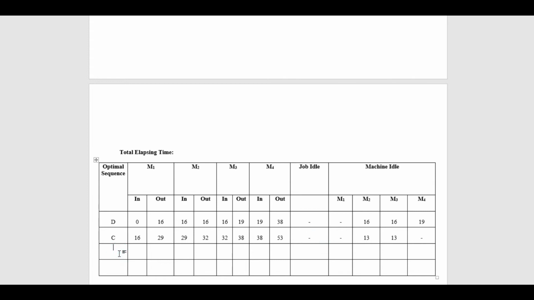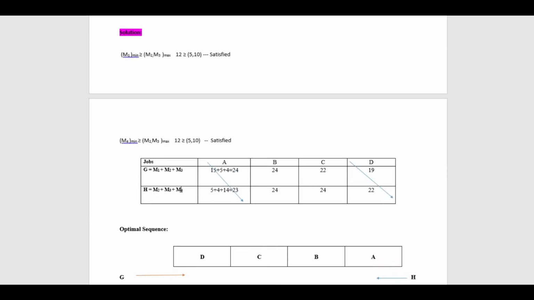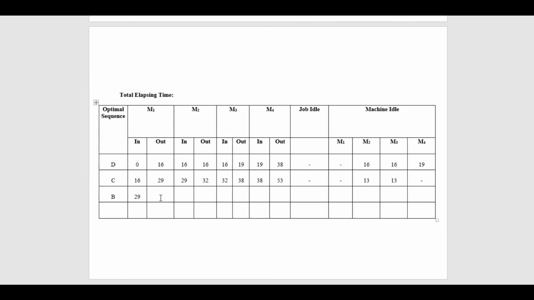Okay, there is no machine or job idle time in job C. So as per the sequence, the next job will be B. Put the out time here, and the processing time of B in machine 1 will be 12 hours. So 12 plus 19 will be 41. Look at these values, 41 here and 32 here.